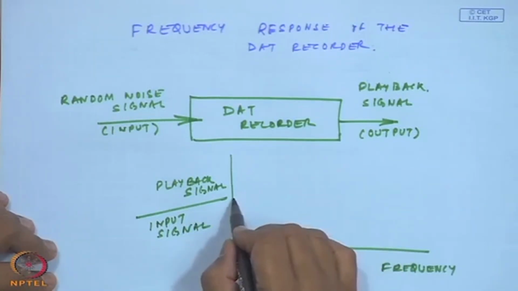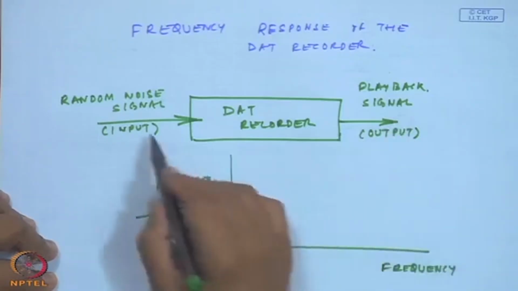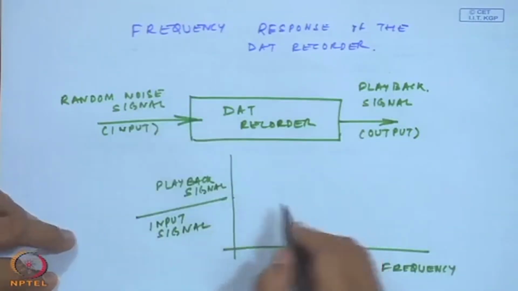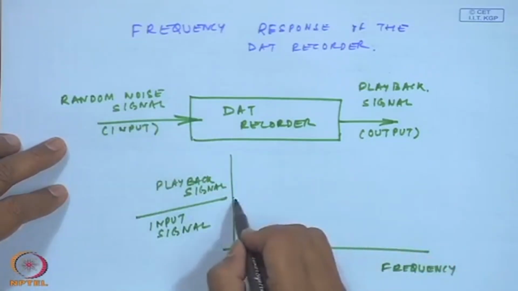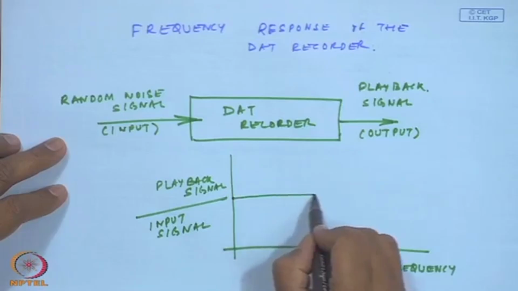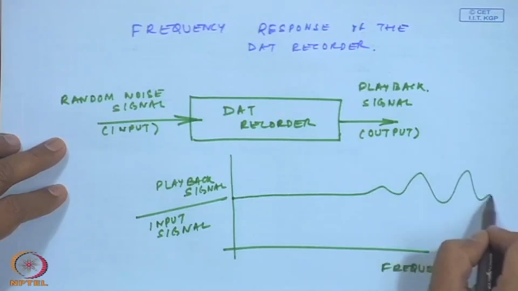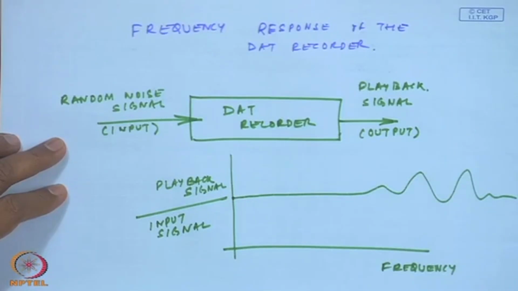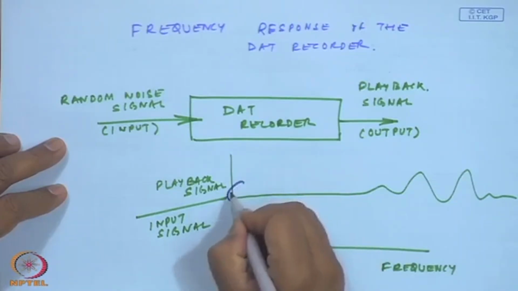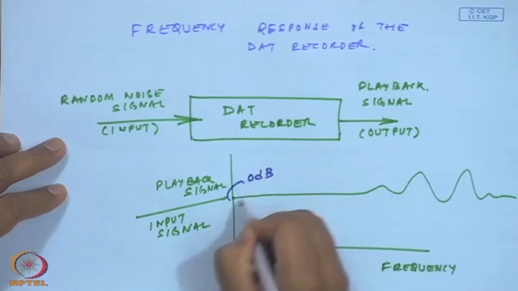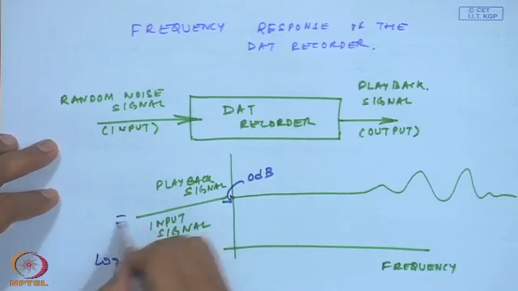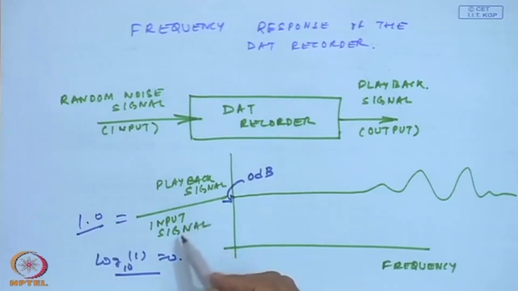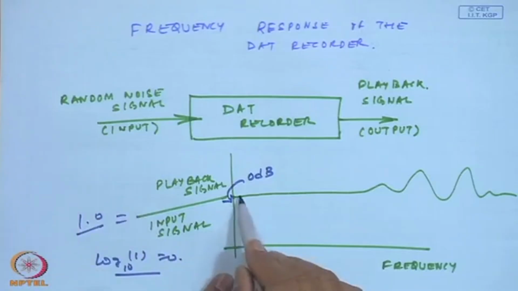You will see a flat response because the playback has to be of the same level as the random noise signal, and if you have recorded a random noise of a particular bandwidth, you will see it. In a dB scale this should be 0 dB, because log of 1 is equal to 0. So if the playback is of the same level as the input signal, the ratio will be 1, so it will be 0 decibels.